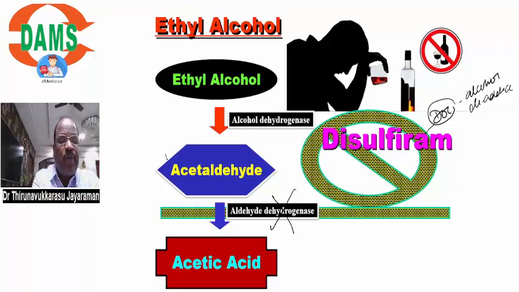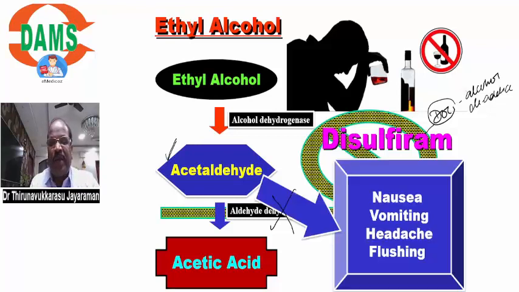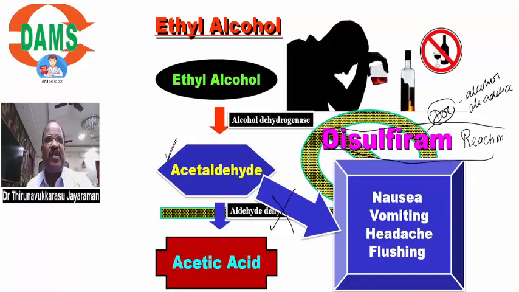Thereby, point three, it accumulates acetaldehyde. Because of accumulation of acetaldehyde, there is going to be nausea, vomiting, breathing difficulty. All this is known as the disulfiram reaction. Because of the reaction, the patient gets aversion to taking alcohol, called aversion therapy, or gets fear and apprehension to take alcohol, called apprehension therapy. And remember, disulfiram inhibits aldehyde dehydrogenase. So it is the drug of choice for alcohol de-addiction.